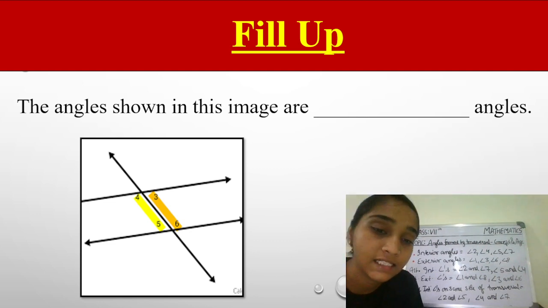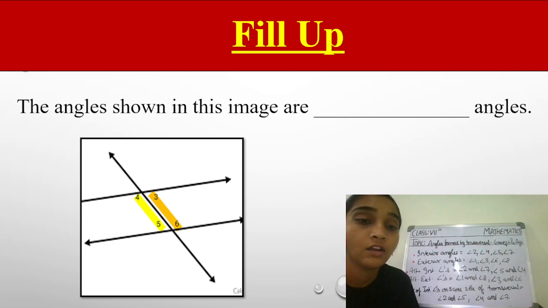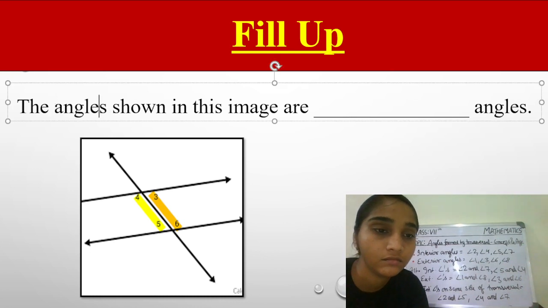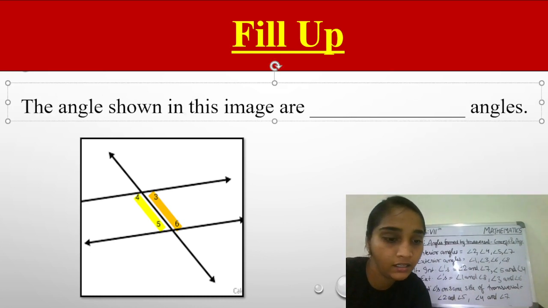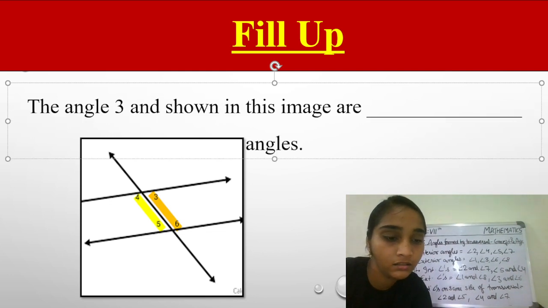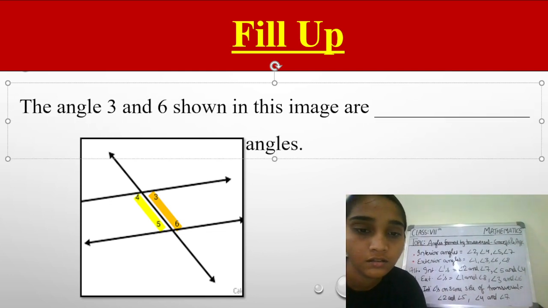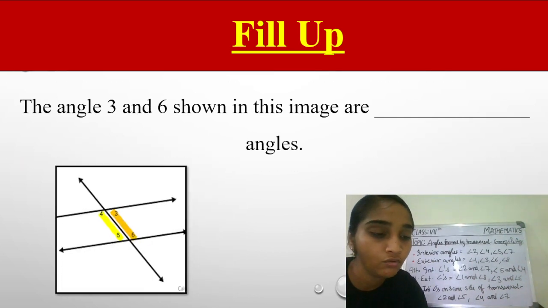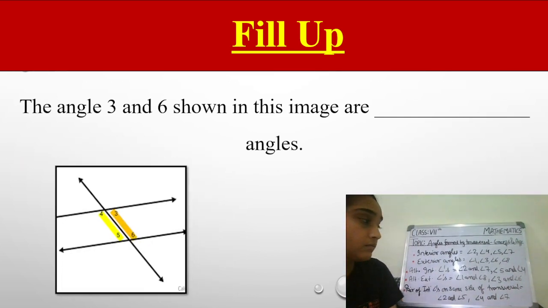You can say it will be interior angles, right? If I ask only the angle 3 and 6, then tell me, because now it will be much more clear to you what name you have to give.